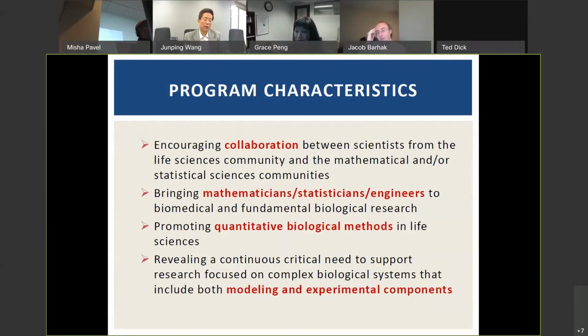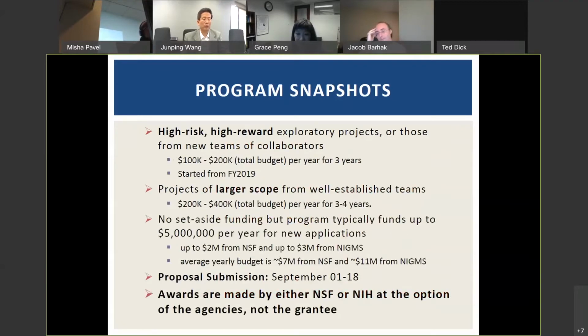Mathematical modeling, computational simulation, and experimental components are the hallmark of the successful proposals in this program. We have two tracks. The first track is for high-risk, high-reward proposals, with a smaller award size. The second one has a larger scope, for well-established teams.